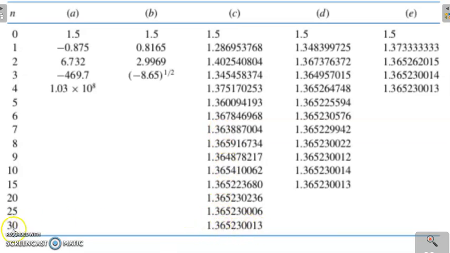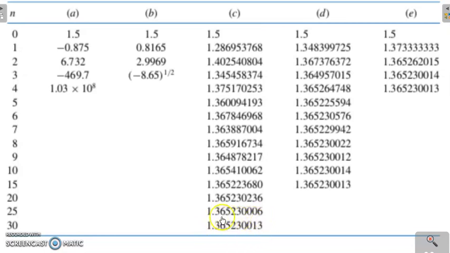At the 30th position we get this value, which is the approximate root of the function f(x), accurate up to 9 digits.